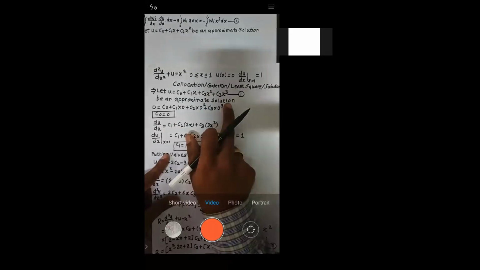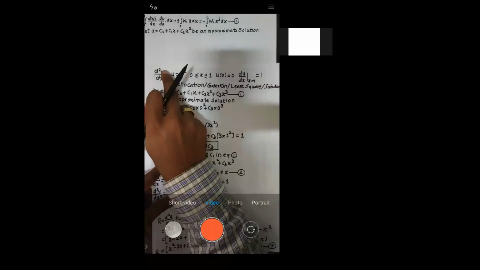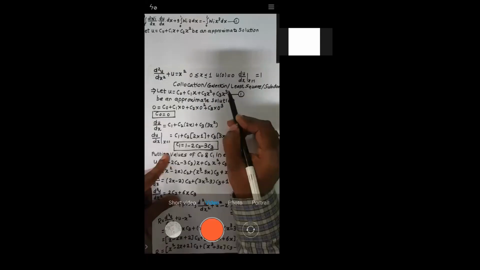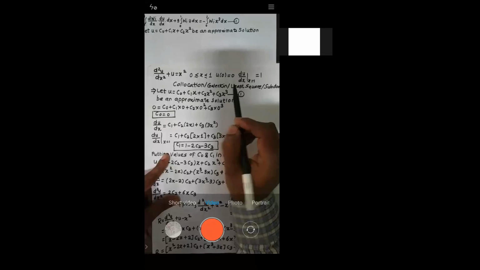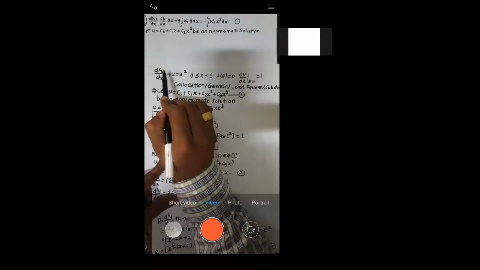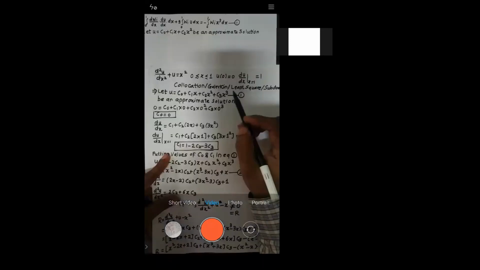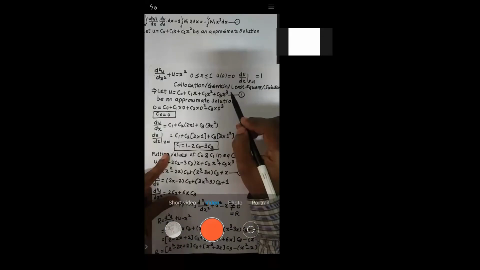Yes or no? See, what is the order of this differential equation? It is second order. So we have taken the order of x one greater than the order of the differential equation. Here its order is 2. So the power of x we have taken is 2 plus 1, that is 3. See, this is already known to you.